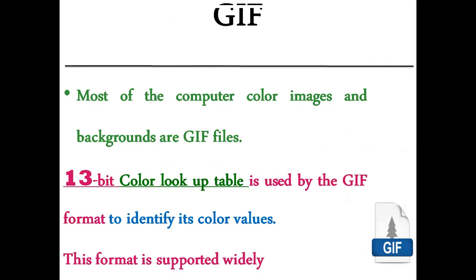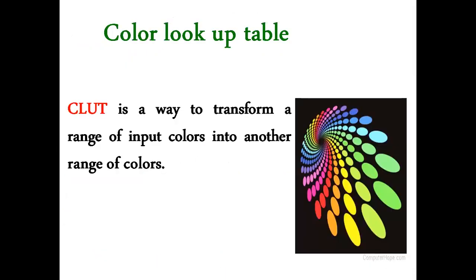GIF images are used as background images in computers. GIF images use fewer colors. A 13-bit color lookup table is used by GIF. This GIF is supported widely in all operating systems.